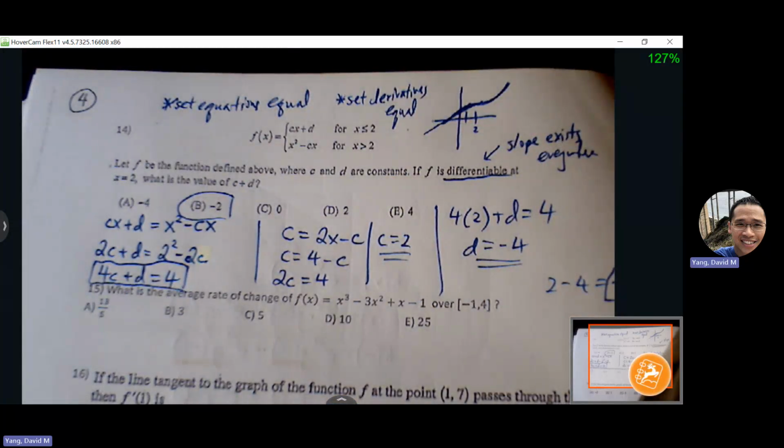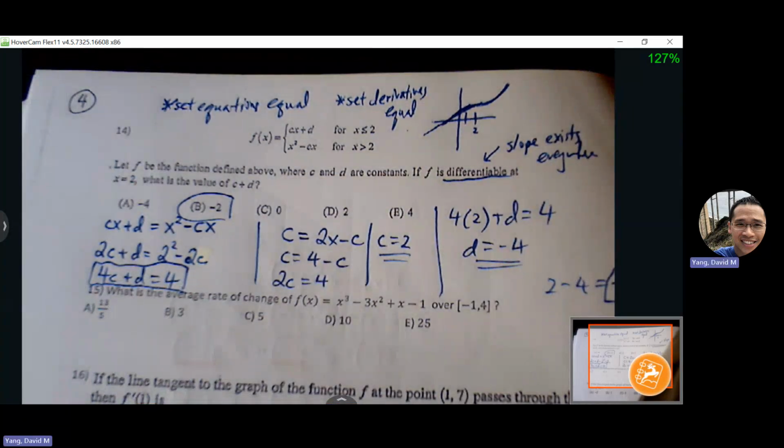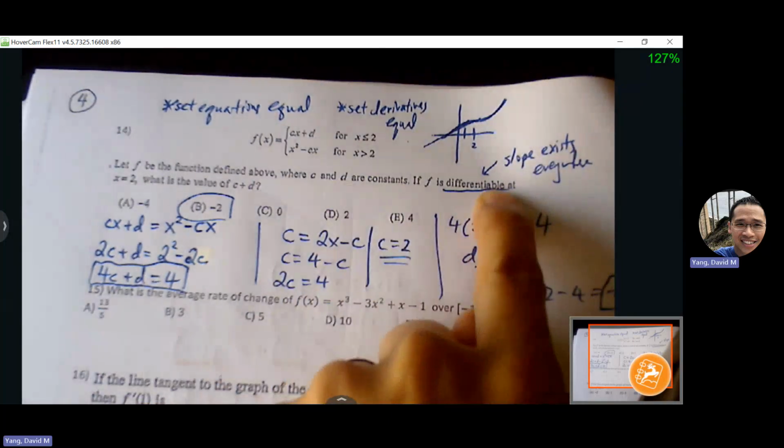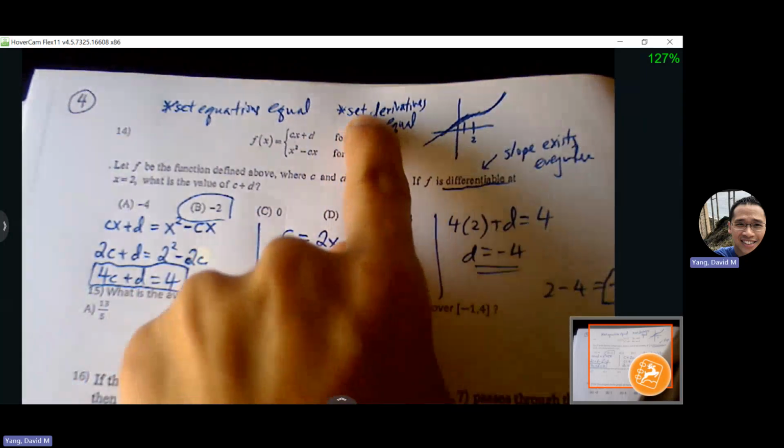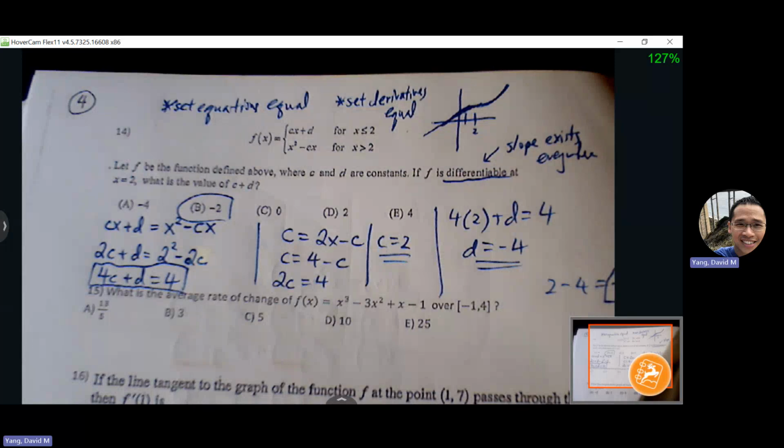The limit of the derivative as x approaches 2, but we can make it even easier and just find the derivatives and set them equal to each other, and that will give me a second equation to work with. Because we have two unknown values we're looking for, having two equations set up allows us to solve for those missing values.